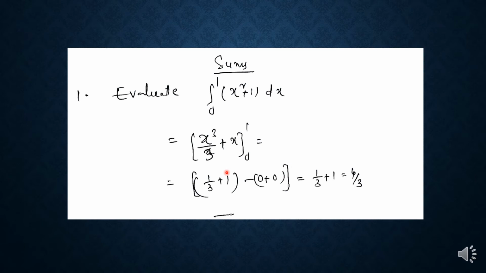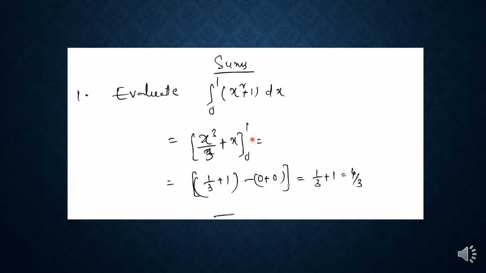Now we will see some problems on these definite integrals. Number 1. Evaluate integral 0 to 1 of x square plus 1 dx. To evaluate any definite integral, we integrate the function as usual. That is, integral x square dx is x cube by 3 plus integral 1 dx is x, from 0 to 1.